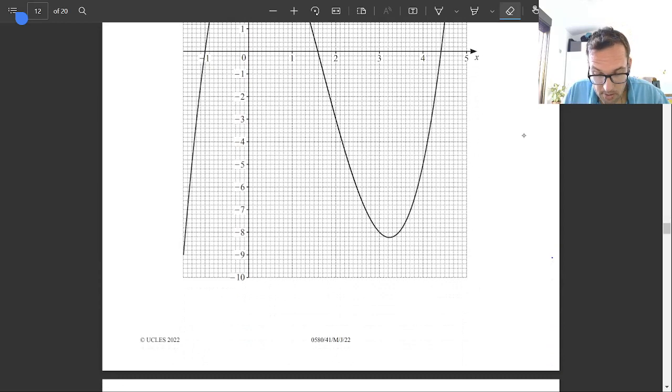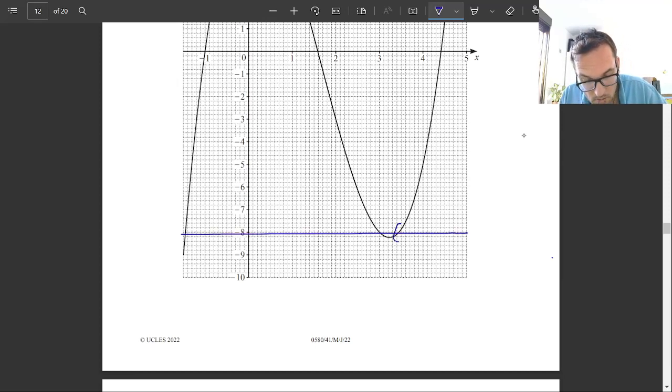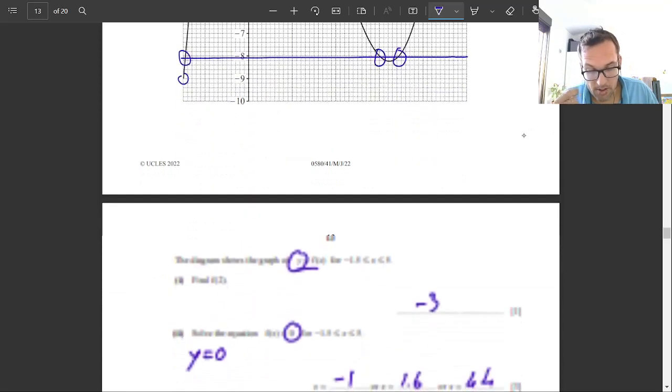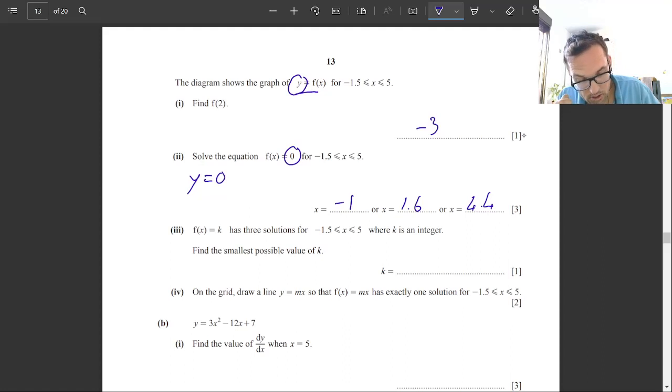So we go down here, and if we draw a line going through minus 8, that's the smallest one where we'll have 1, 2, 3 solutions. When we get to minus 9, we will only have one solution over there. The answer here is minus 8. It's the smallest integer where we'll have 3 solutions.